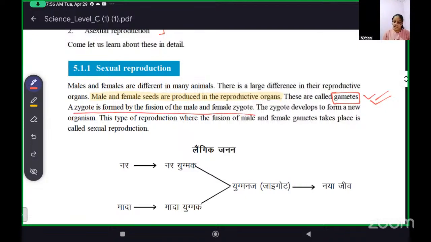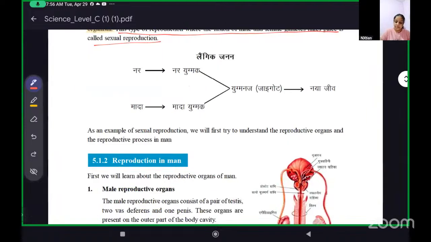This zygote develops to form a new organism. This type of reproduction, where the fusion of male and female gametes takes place, is called sexual reproduction. Okay, this is a male, this is a female. This is male gametes.